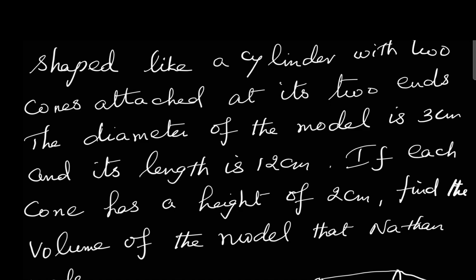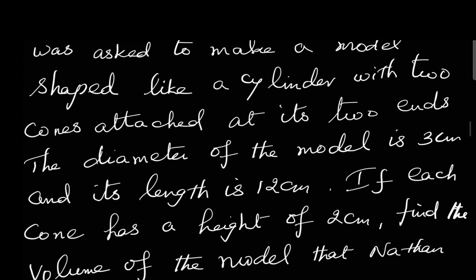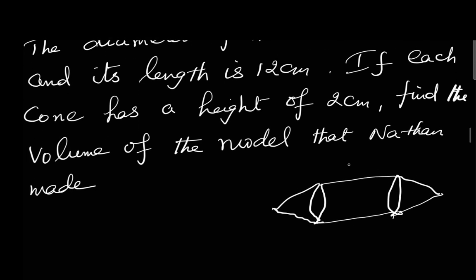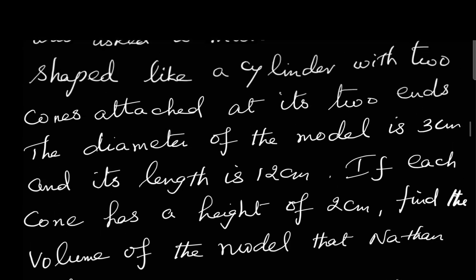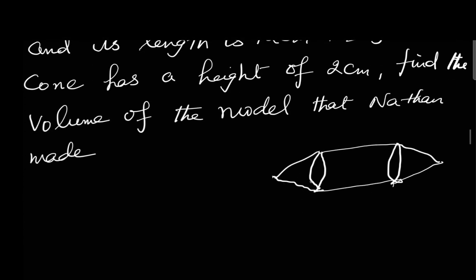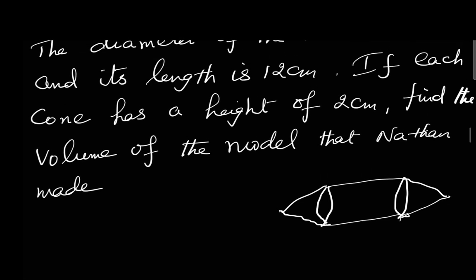If each cone has a height of 2 cm, find the volume of the model. See, here the engineering student makes a model shaped like a cylinder, with the two cones attached at its ends, with the base of the circle coinciding with the base of the cone. Two cones attached with the cylinder.